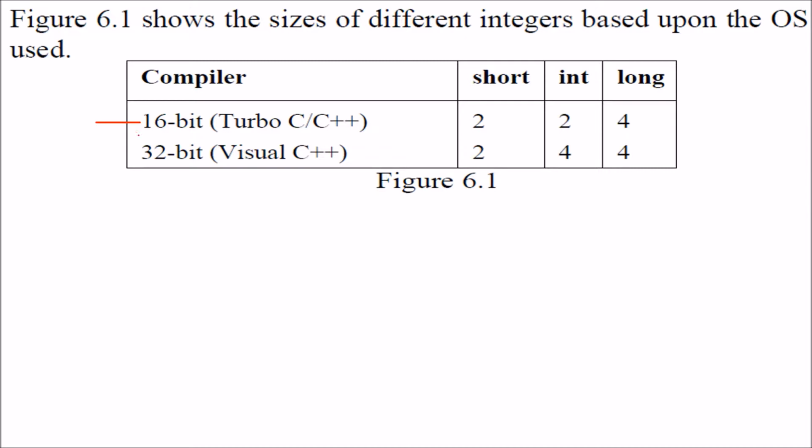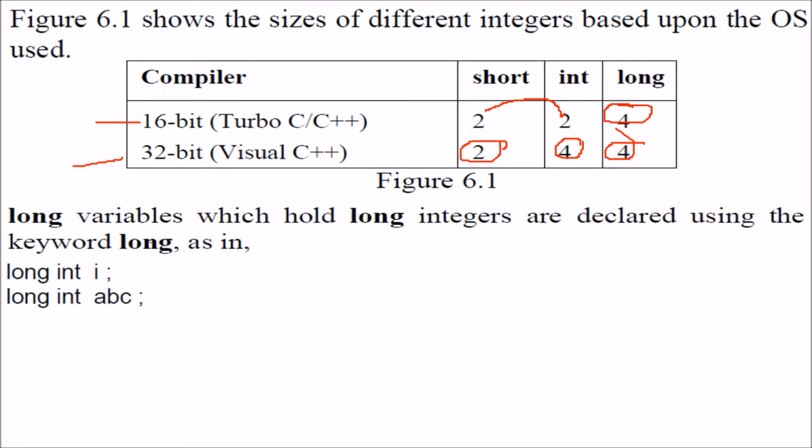If you are dealing with a 16-bit compiler, the short will be 2 bytes, integer will be 2 bytes, but the long will be 4 bytes. If you are dealing with a 32-bit compiler, short will be 2 bytes, integer will be 4 bytes, and long will be 4 bytes. So how to declare them? Just put a long in front of that int i. Int i you have been doing a lot up till now. Just put a long here.